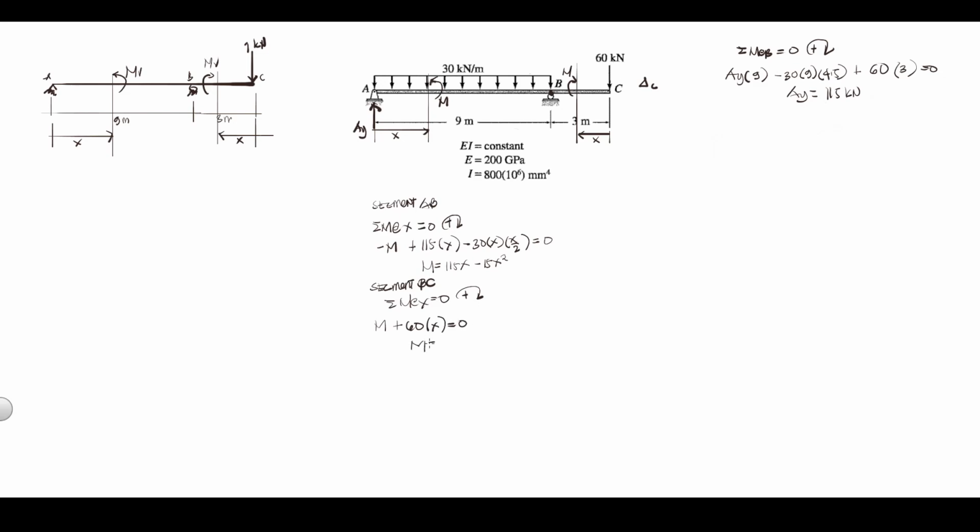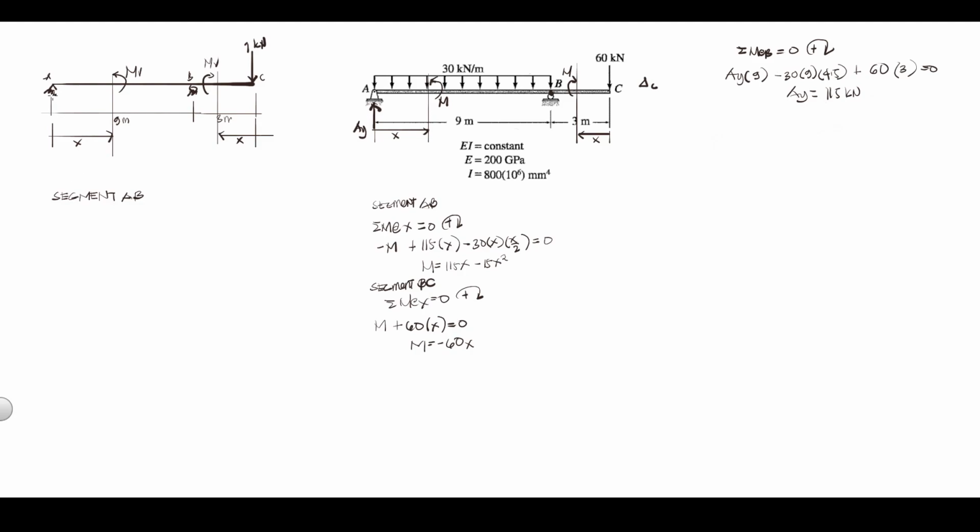M now is equal to negative 60X. Okay? So, next na tayo sa virtual system natin. Segment AB muna.